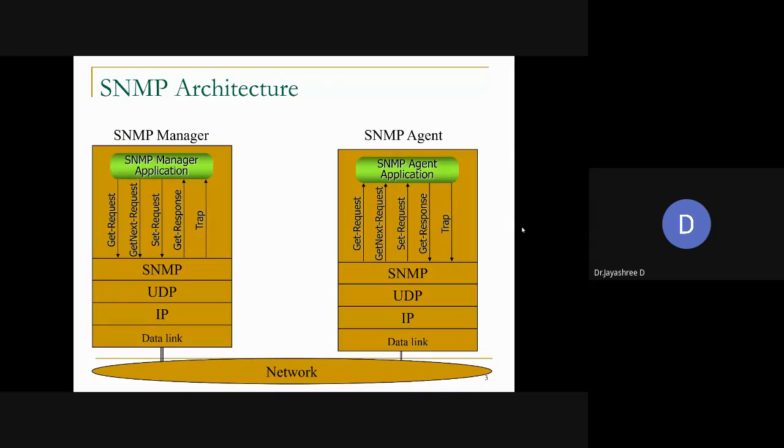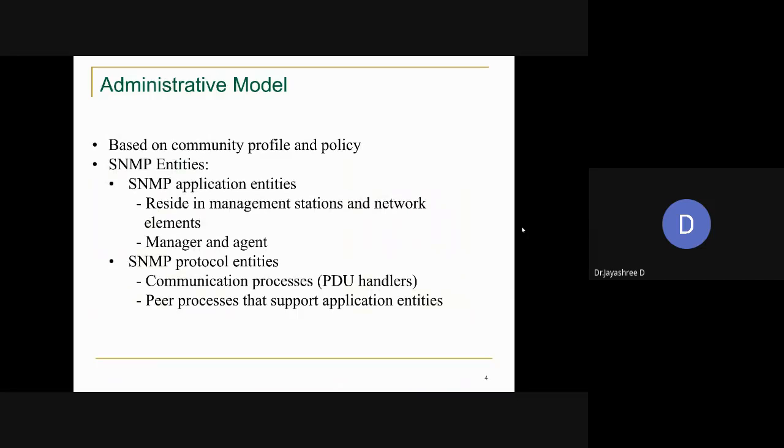Within the physical entity, I can have two types of software: application, one is a manager or an agent, or a single application, either agent or manager. Then within that, I can have a database MIB. The object criteria will be filled up. So all the things will come across as software installed in the network elements here. Now we are going to see the administrative model.